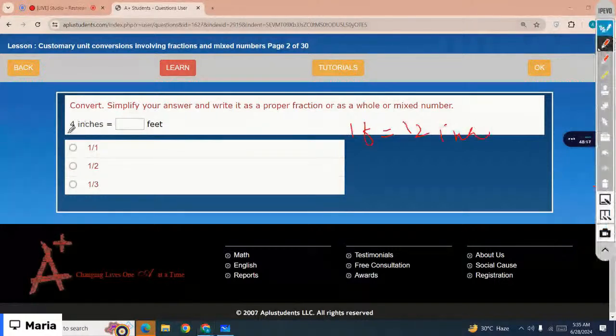So here you have 4 inches. 3 times 4 is 12, right? Now divide both sides by 3. So you have 1/3 foot equals 4 inches. The correct option is 1/3.